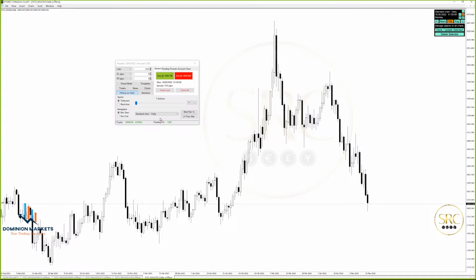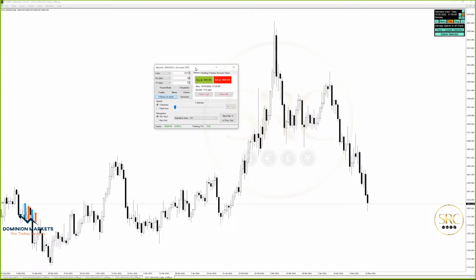So that's what we're going to do. We're going to forward the time into pre-London. So this is 6 p.m. Eastern Time. This is 7, 8, 9, 10, 11, 12, 1. This is 1 a.m. Eastern, 2 hours before London open.